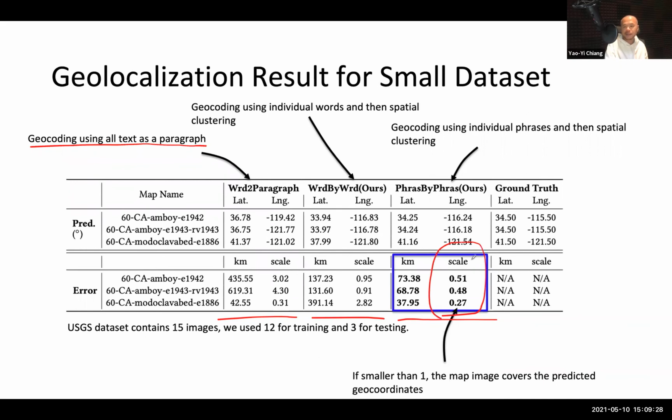So this is not the map scale, this is the accuracy scale. If this is less than one, that means the map image actually covers the predicted geo coordinates. For word by word, two of them are still within the content, and this one is not. For Google AI's baseline, these two are not, and this one is within the map content.